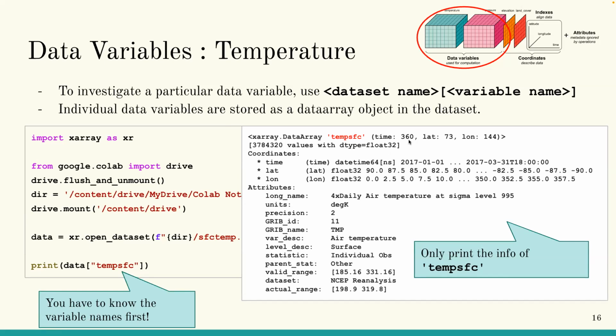Of course, it's a large number, right? 360 times 73 times 144 values of data, and it's giving you the data type, float number, and the coordinates and the attributes of the variable. So it only prints the info of your variable. It's not printing the whole box of data.